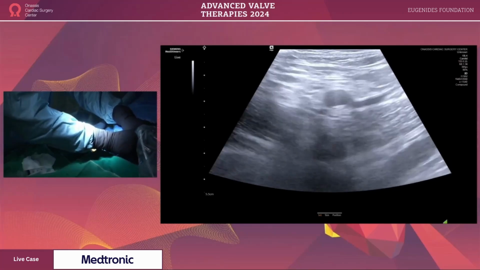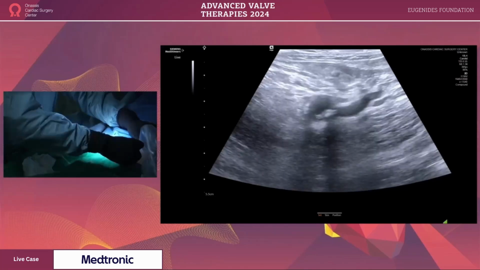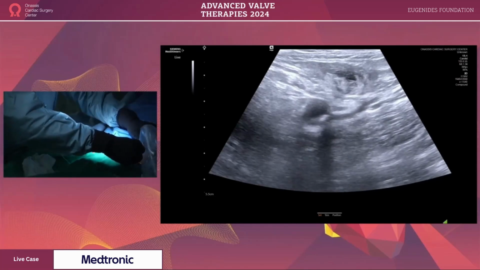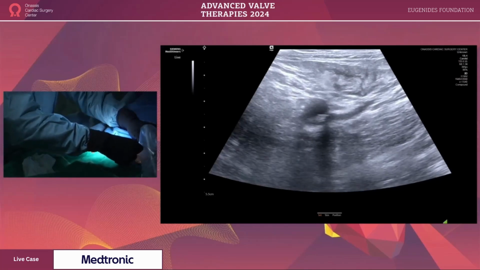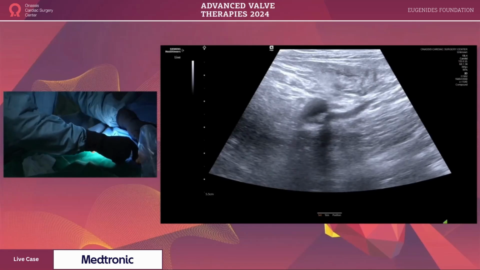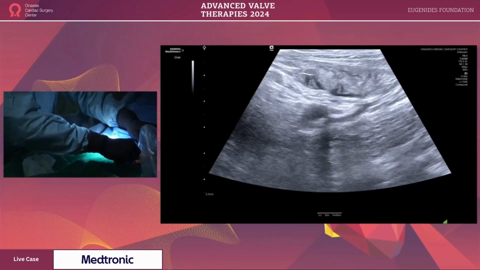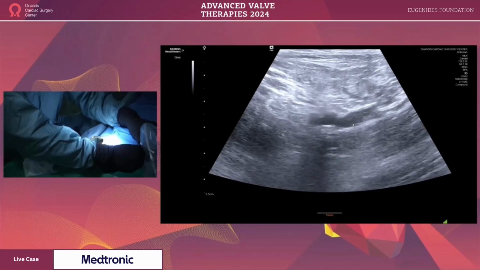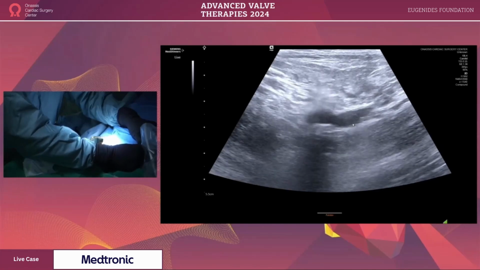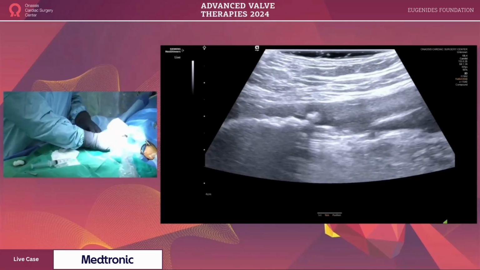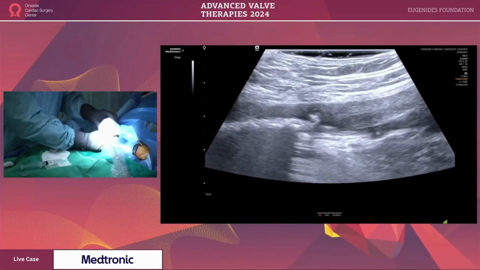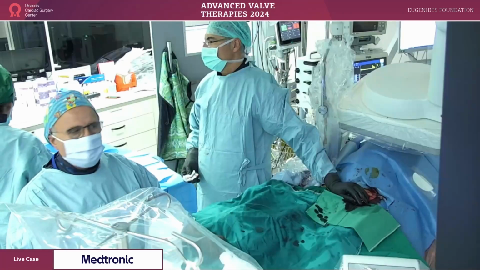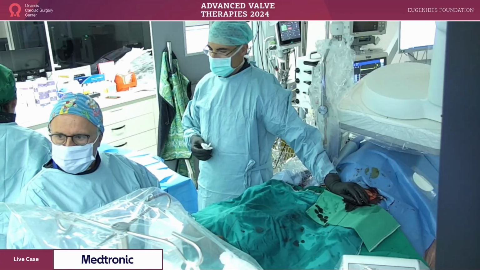Long and short axis, and then here is our anesthesia, xylocaine, and then you can see how we puncture the vessel. Okay, here we have the puncture, and now we're ready. And now we're ready to go back to Dr. Iakovou.